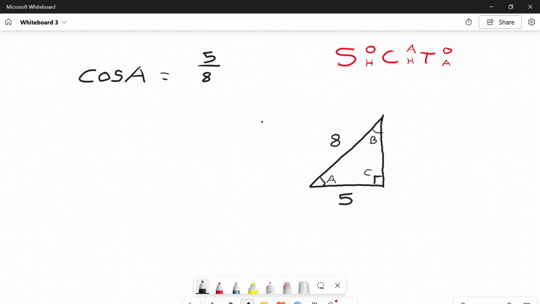Now they want to know what cosine of B is. Cosine of B is still going to be adjacent over hypotenuse, but my adjacent side is changed now.